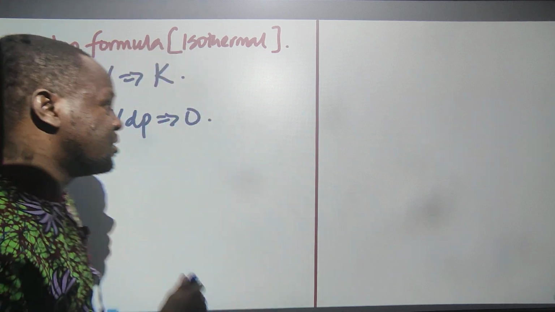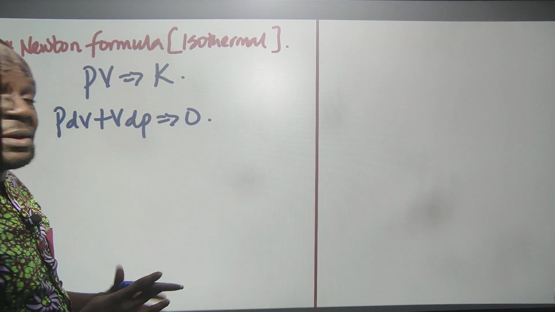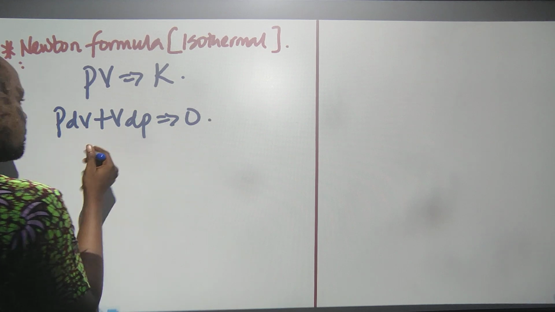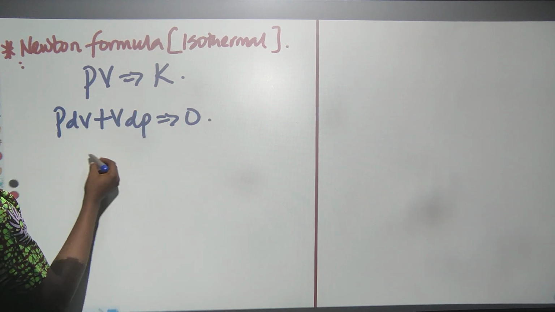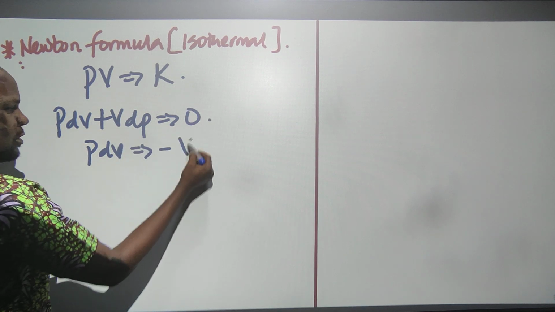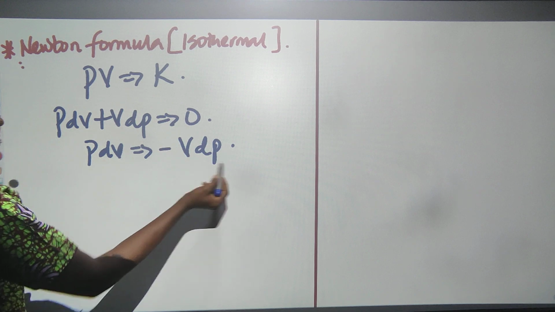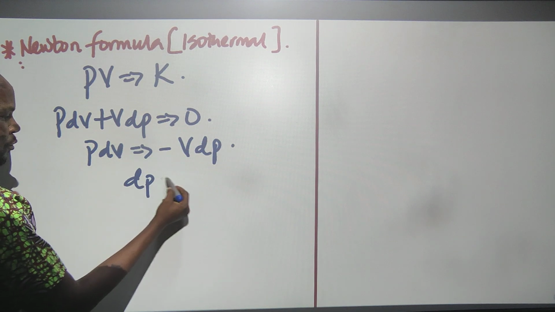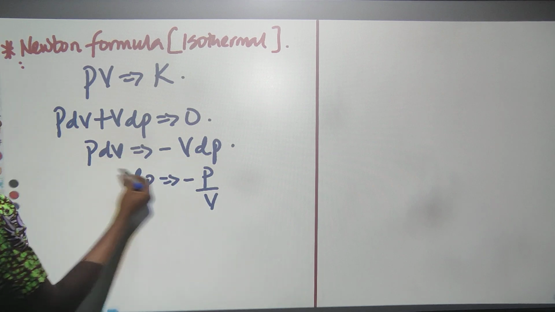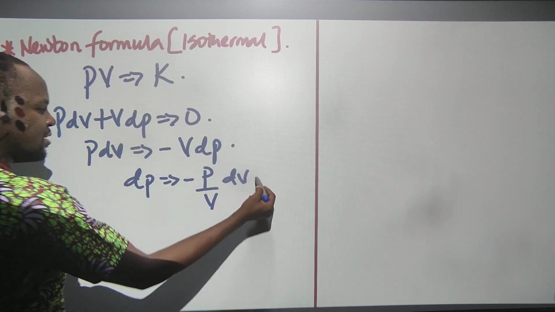Just listen up, because if you're an A-level student, you can be asked to prove it. Here I want to make dP the subject. On doing this, PdV is equal to negative VdP. On simplifying, dP equals negative P over V dV.